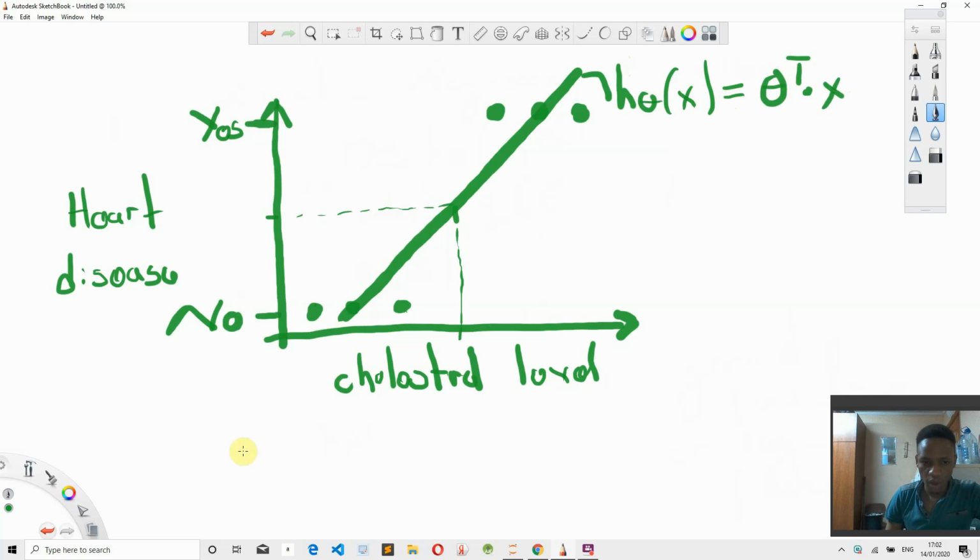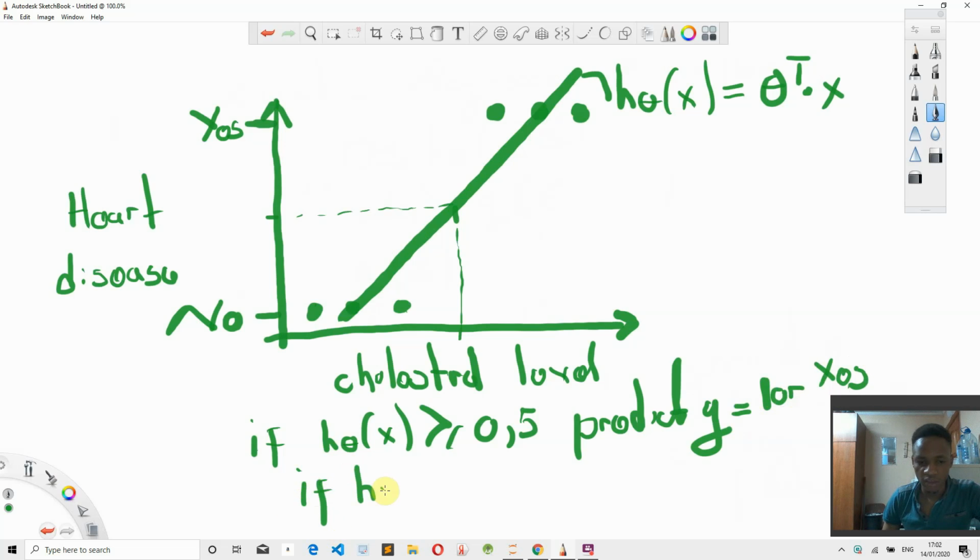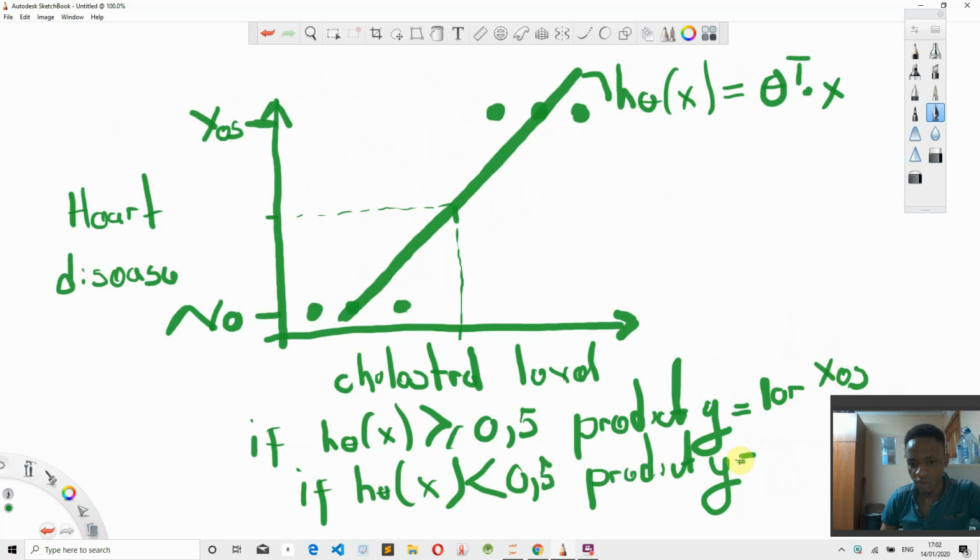So our threshold classifier will be: if h theta of x is greater than or equal to 0.5, then we'll predict that y equals 1, or yes, the person has heart disease. If h theta of x is less than 0.5, then we would predict that y equals 0, or the person doesn't have heart disease. So this is the threshold, 0.5.